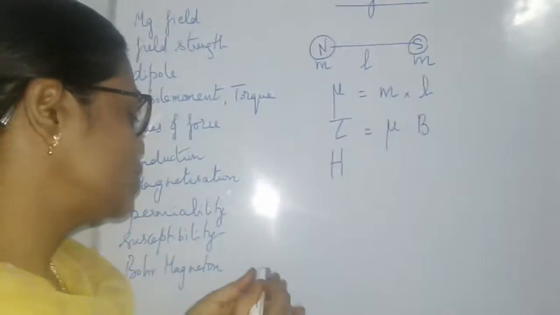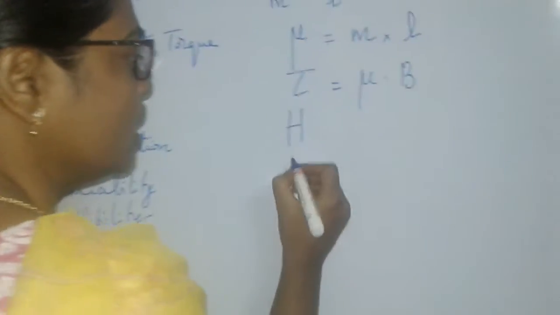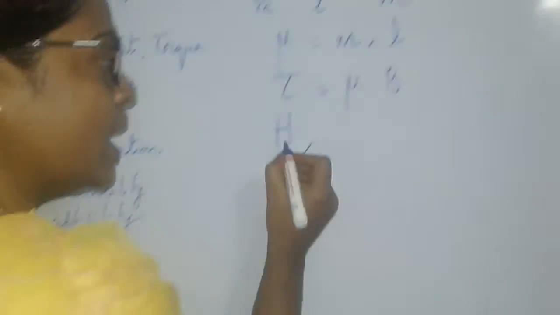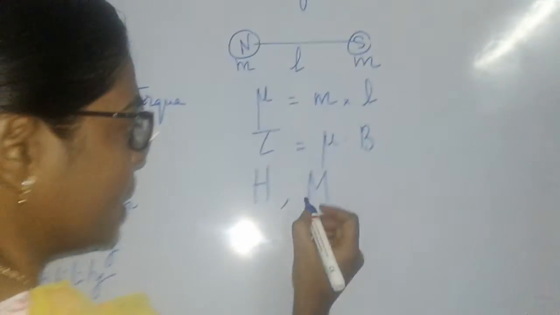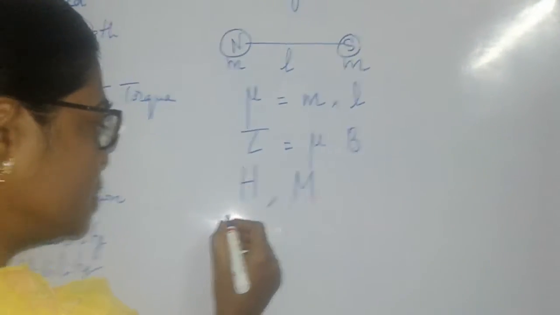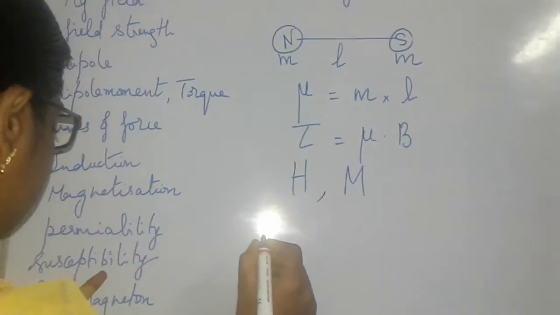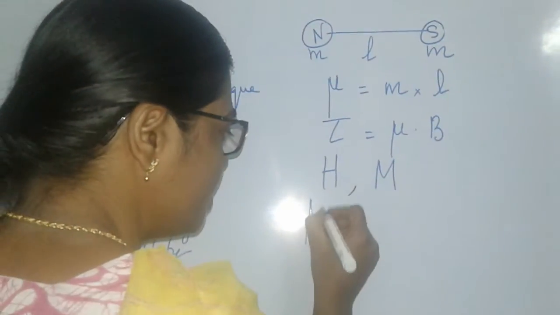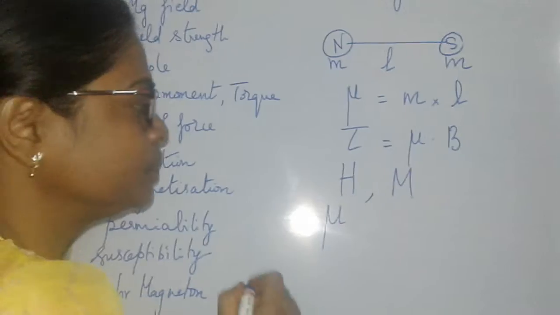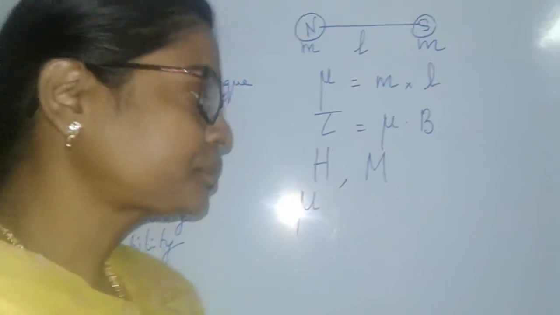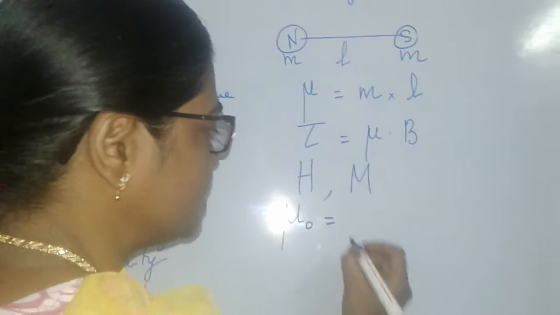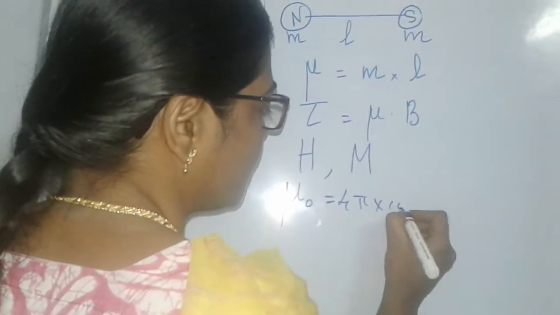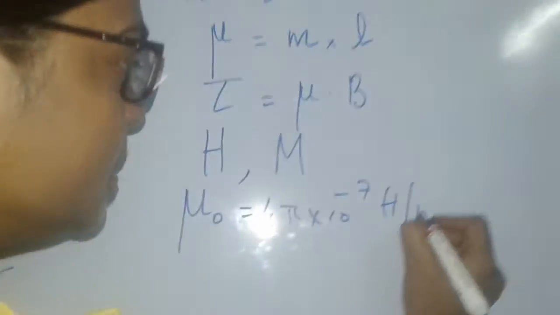Coming to magnetization, M. B is the induction, H is the externally applied field, and M is the magnetization. And coming to susceptibility and permeability. Permeability mu naught in free space is 4 pi into 10 to the power minus 7 Henry per meter.